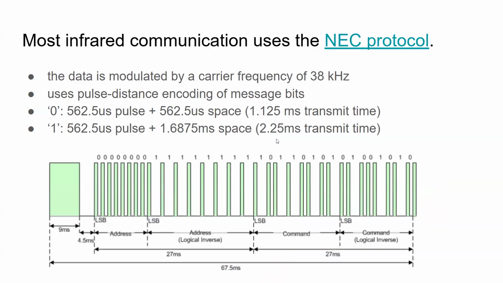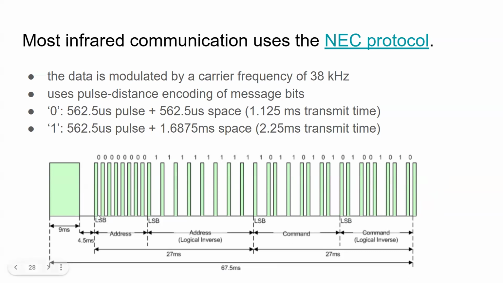So a lot of infrared communication uses this NEC protocol. There are two different ways of encoding the data, right? Because we have a two symbol set, 0 and 1. A zero is a 562.5 microsecond pulse. So here, for example, is a 0, and you can see it's high for 562.5 microseconds, and then there's a 562.5 microsecond space.